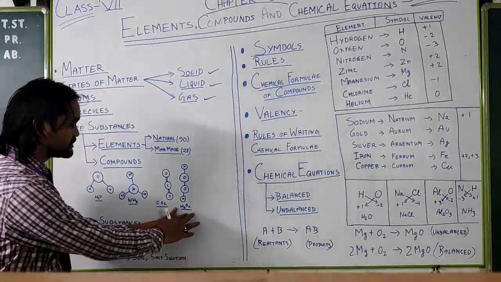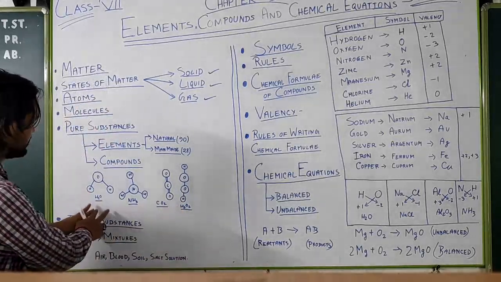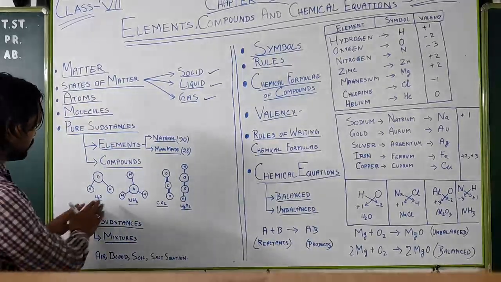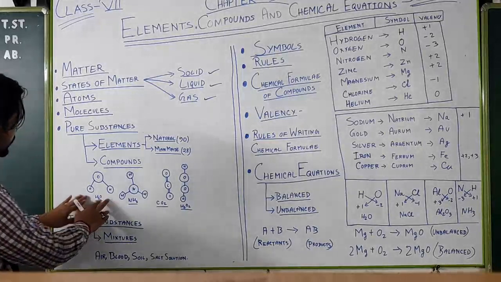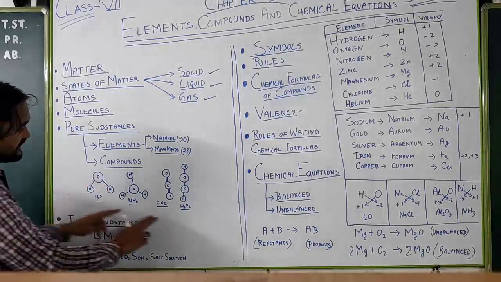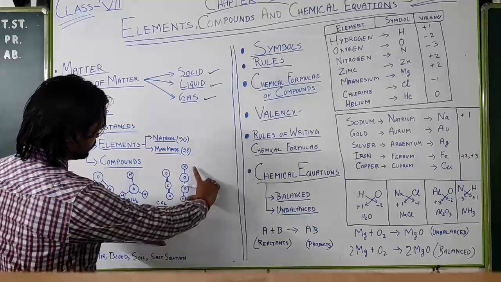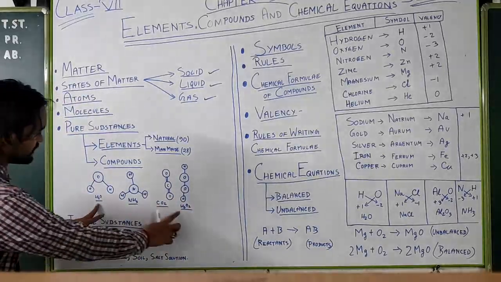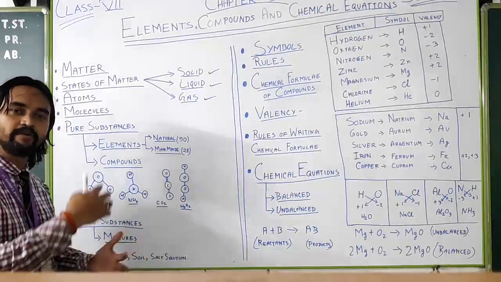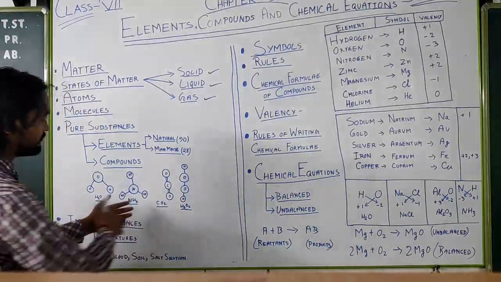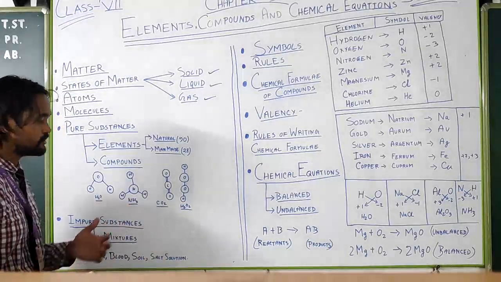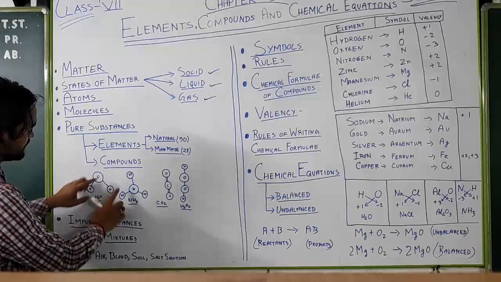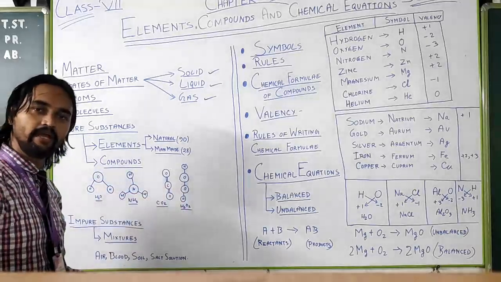Hydrogen peroxide is totally different from water and totally different from hydrogen and oxygen, because water contains 2 hydrogen, 1 oxygen, and hydrogen peroxide contains 2 hydrogen, 2 oxygen atoms. Both the compounds have different properties. They are totally different from each other. So, different elements when react with each other, they produce different compounds.